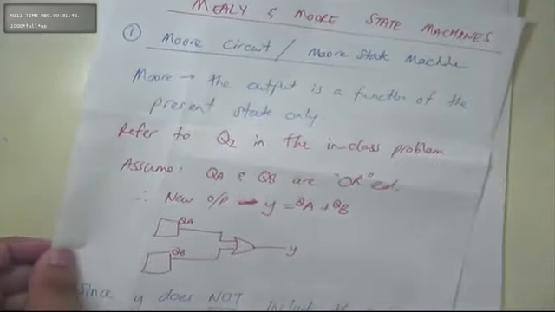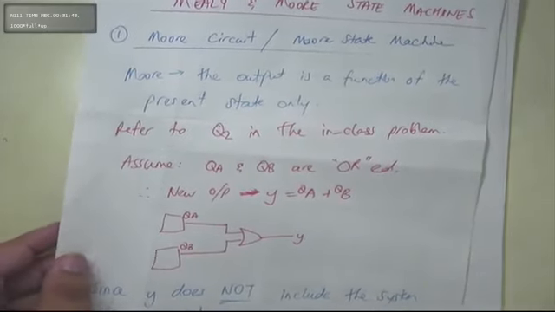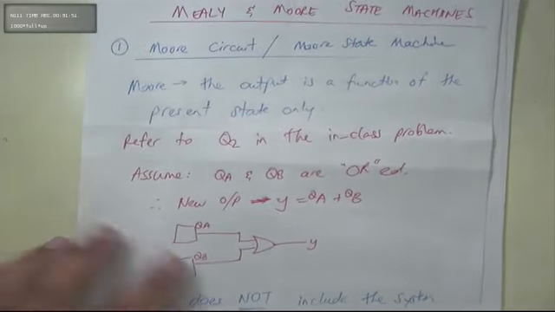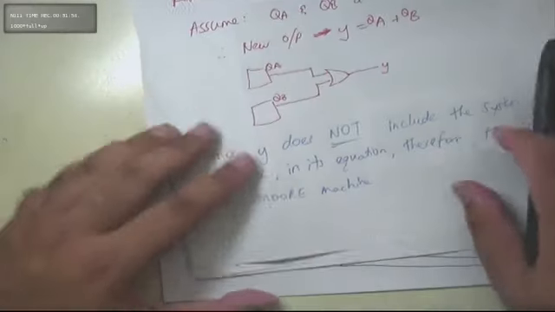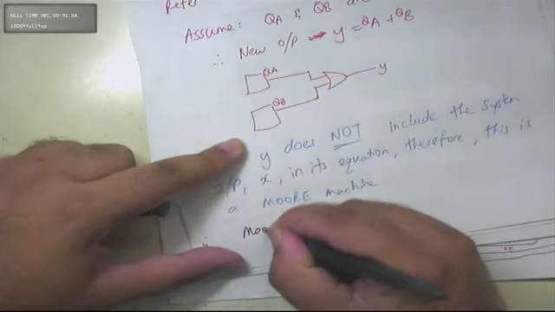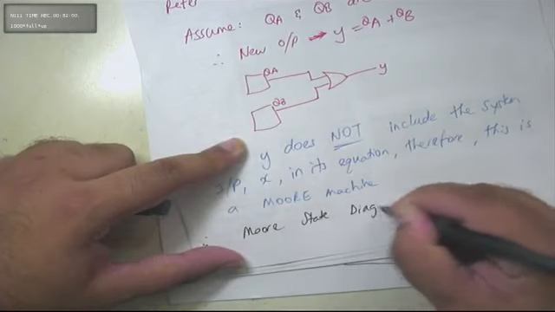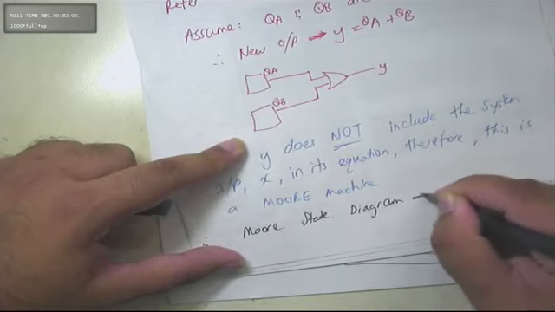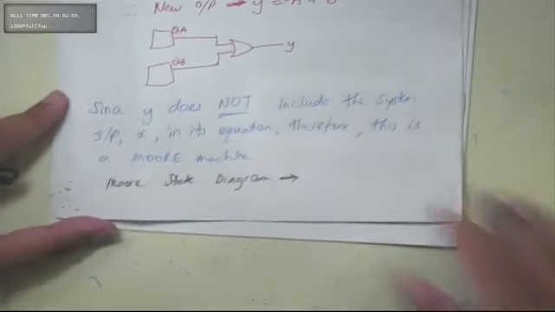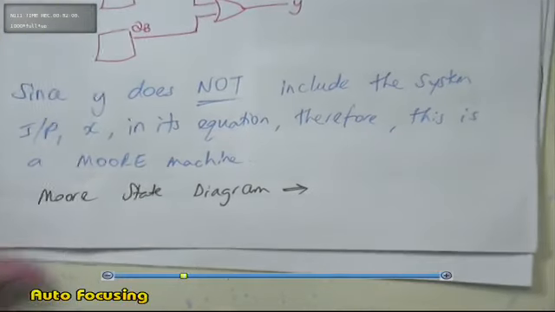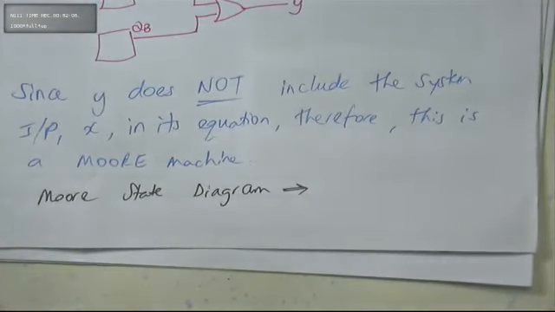Now, there is a slight difference in how we draw our state diagrams. The Moore state diagram, this is easy. The Moore state diagram is basically like what we've been drawing, right? Let me show you guys.